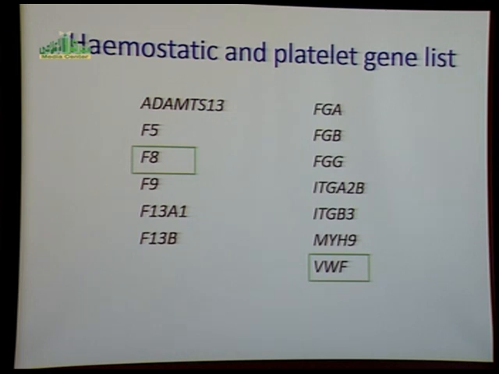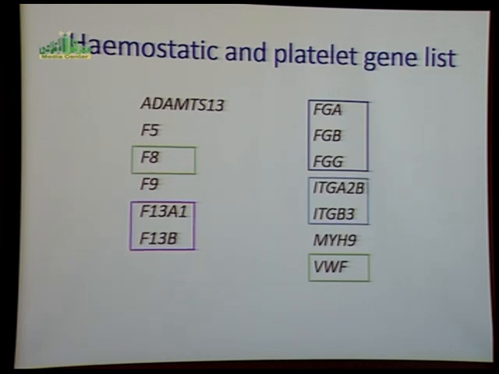If we have an individual with a reduced factor 8 level, but insufficient family history to be able to say whether it's likely to be X-linked haemophilia or autosomally inherited type 2N von Willebrand disease, we can analyse both those genes together. We can analyse both genes for factor 13 deficiency simultaneously, all of the genes associated with the fibrinogen disorders, and both of those associated with Glanzmann thrombasthenia together. And this has enabled us to speed up our diagnostic process.